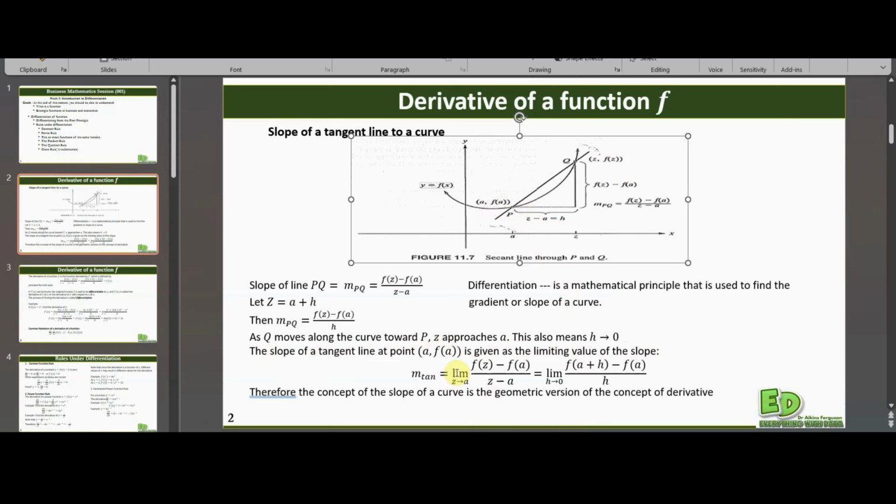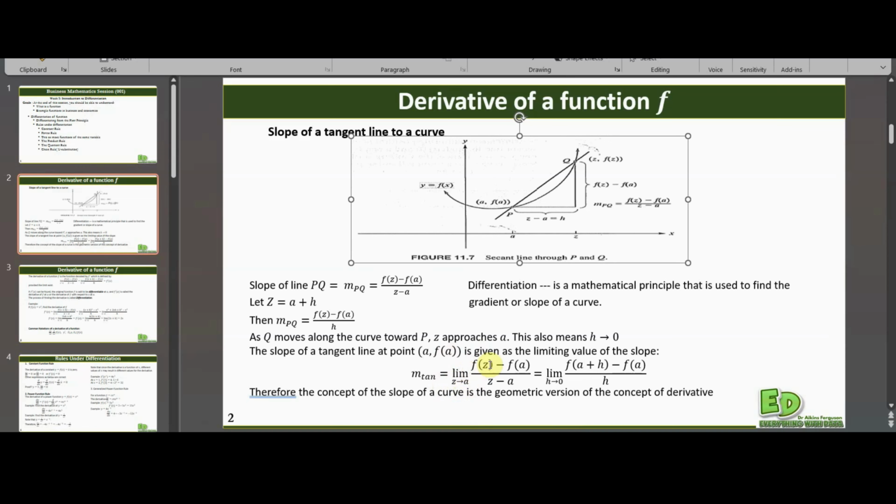Okay, so we say that to find the differential of any function or to find the derivative of any function, say 2x, or any given function, we'll say that dy over dx is equal to the limit as z approaches a. Take note, z approaches a is the same as h, which is the horizontal distance.